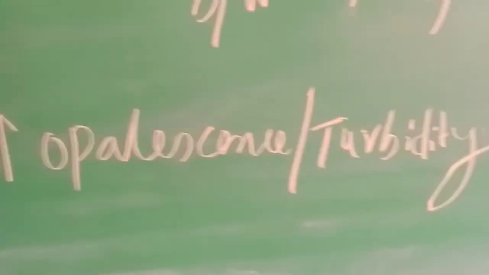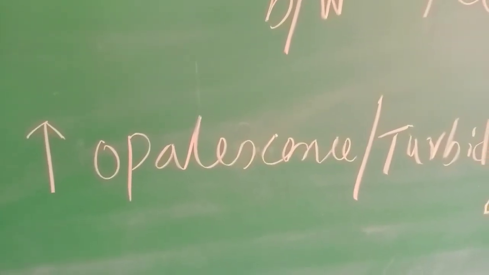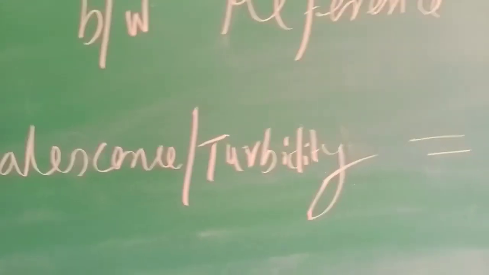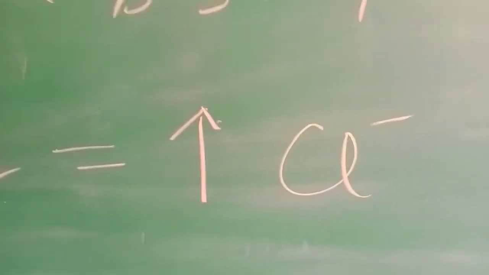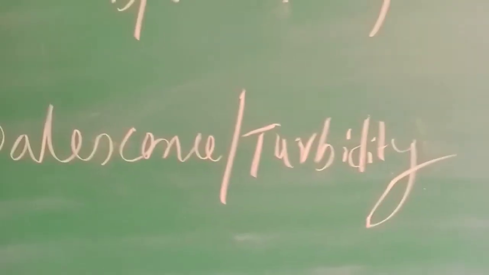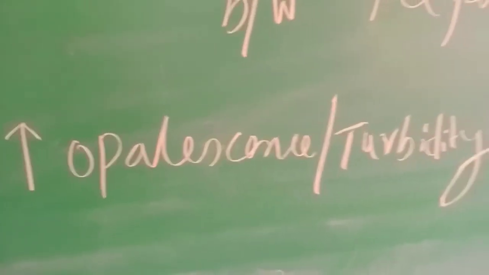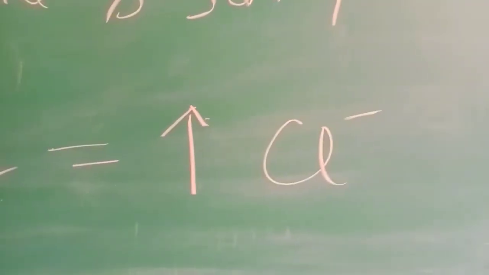So we can say here that the extent of opalescence or turbidity produced by the reference or by the sample is directly proportional to the quantity of chloride present as an impurity in the sample.